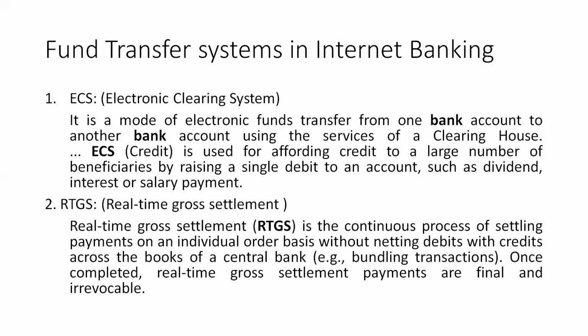This is what we call the real-time gross settlement system. In this system, an individual can transfer money to another individual on a regular, easy basis. This is what we call RTGS.